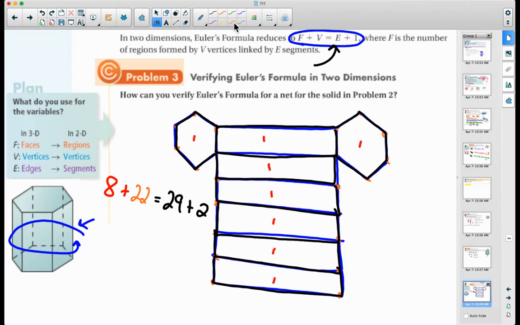Okay? So, excuse me, plus 1. That's going to be plus 1 because we're in 2 dimensions now, right? Okay? So we want that to be a 1. All right? So let's see if it works. I get 30 equals 30. It works. All right? So that's how we verify Euler's formula in 2 dimensions.